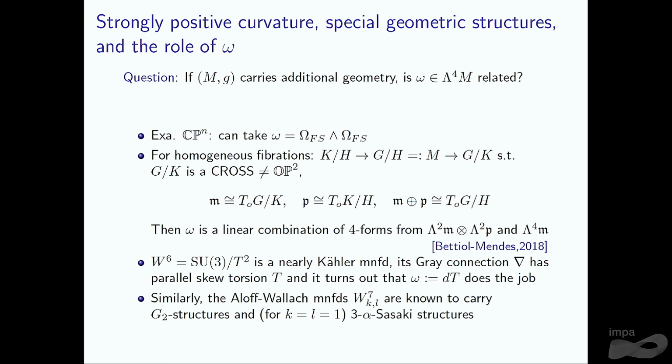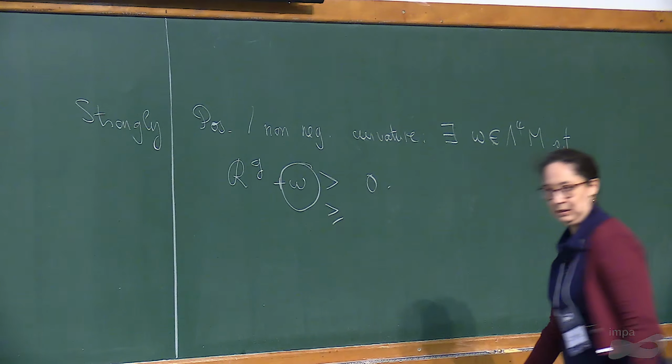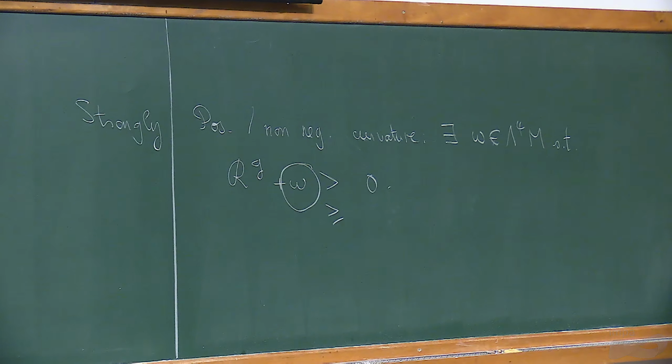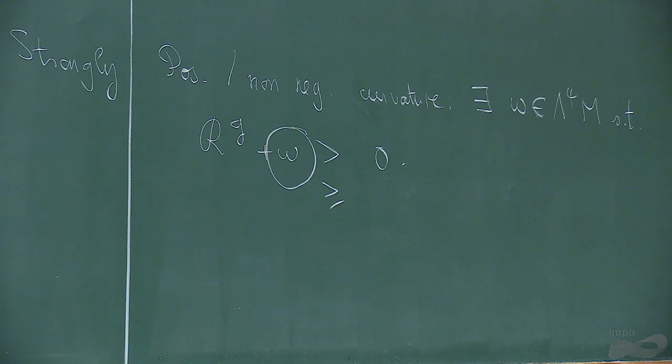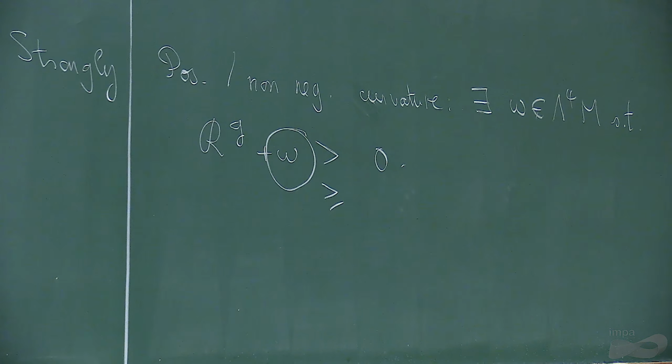And now, how did we start, or why did we get interested in looking at manifolds with strongly positive curvature? It all relies on this 4-form omega. The question we asked ourselves is, all the manifolds which are listed on the previous slide, all of Wallach, nearly Kähler, etc., carry special geometric structures.